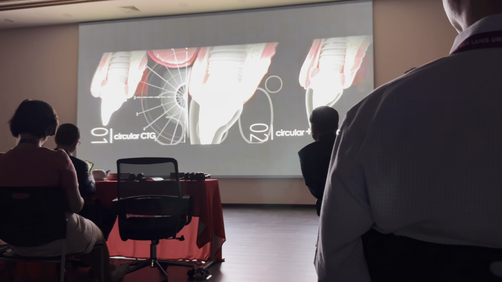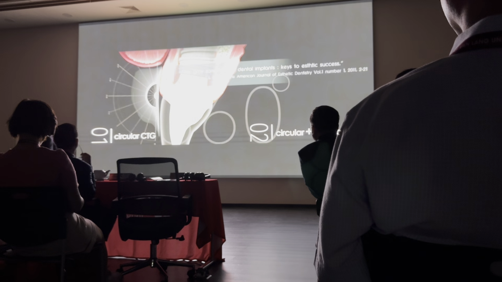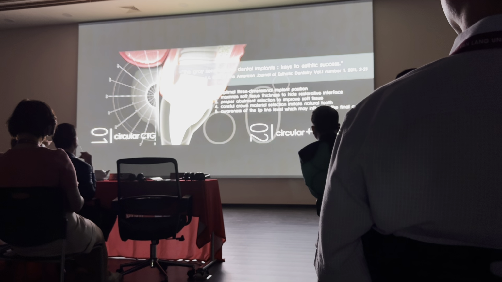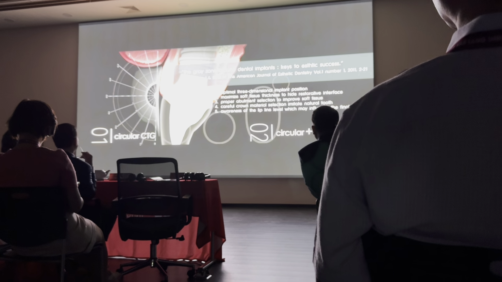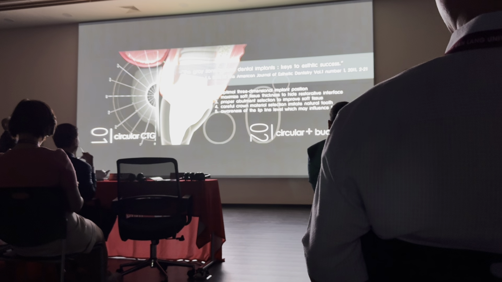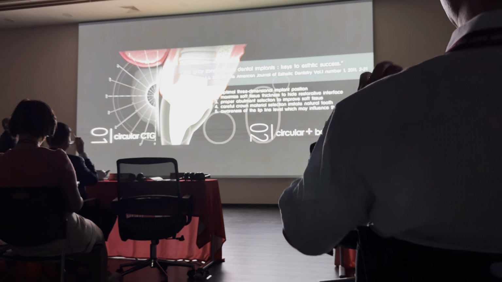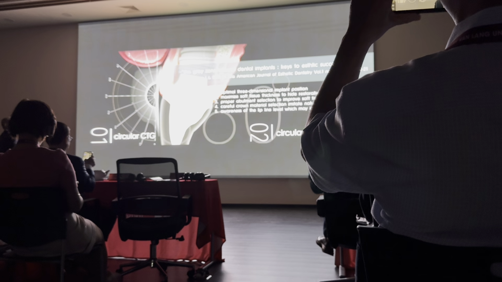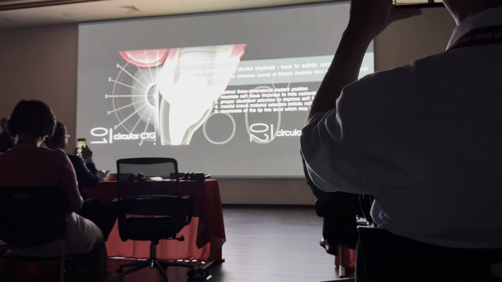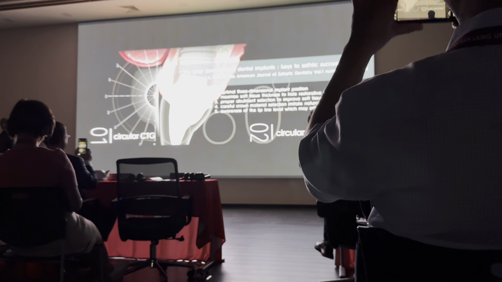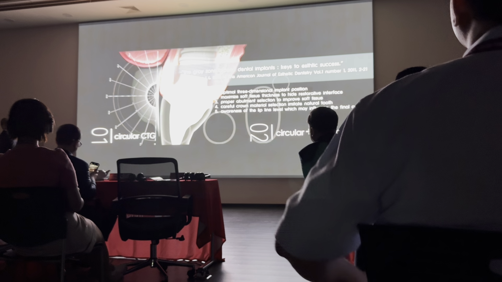Because the most important, I did the research with Marcus Blatt, and what his research showed is that the grayish appearance of your soft tissue at the end is only the anatomy of your emergence. The emergence should be buccal, it should be convex to the emergence profile of the tooth.